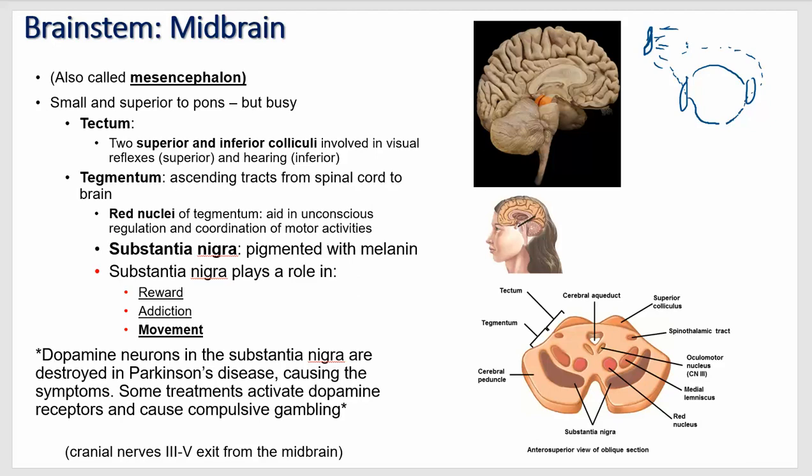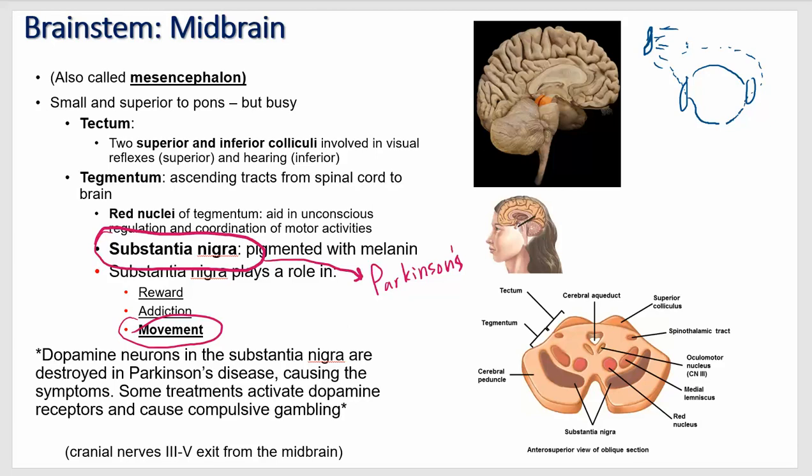Something else that's significant here is a little area called the substantia nigra. Nigra meaning black. It's pigmented with melanin, and it plays a role in reward and addiction and really movement. I've mentioned Parkinson's disease before. It's a motor disorder associated with tremor and not being able to initiate movement.